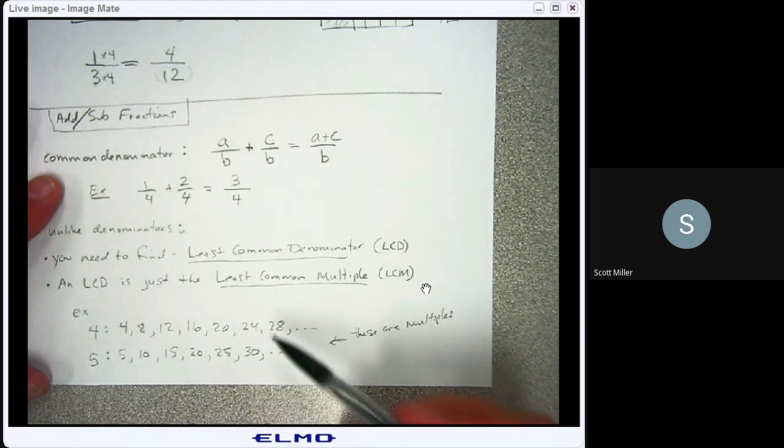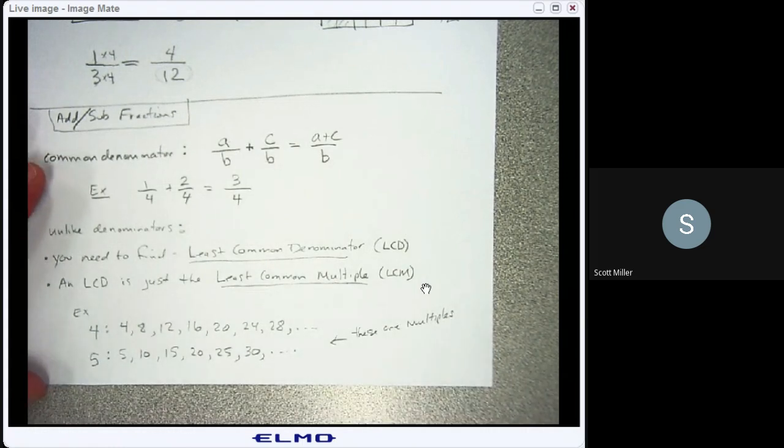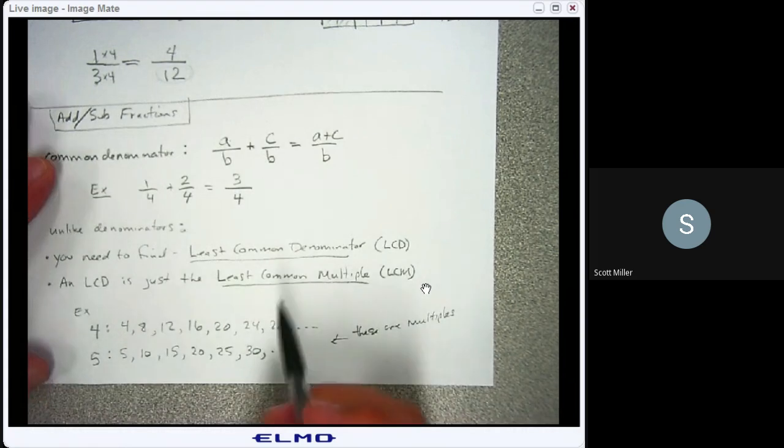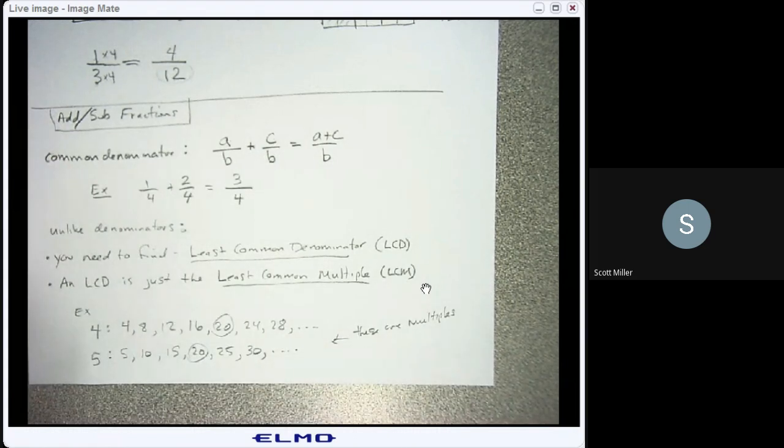Common means they're in both lists. Sometimes there'll be more than one. In this case, I only did it up to the first one, right? So is there a common one? Yes. If there's more than one, what's the smallest one that's common then? The smallest one in both lists, that appear in both lists, is 20, isn't it? There you see that?